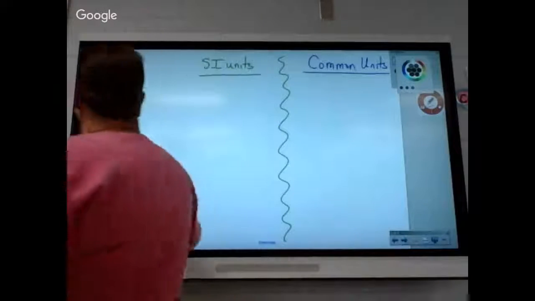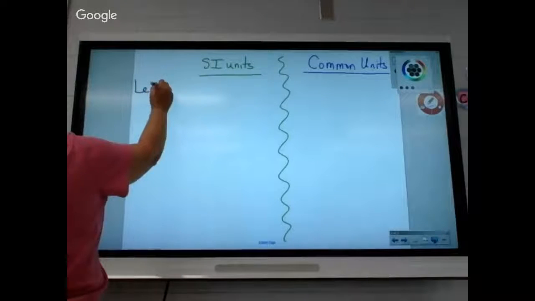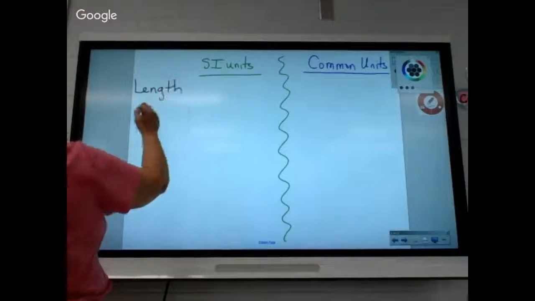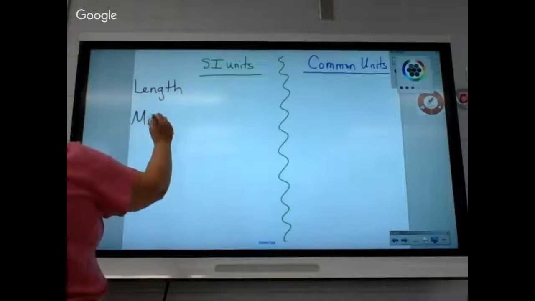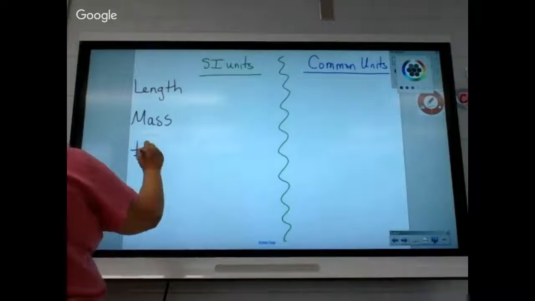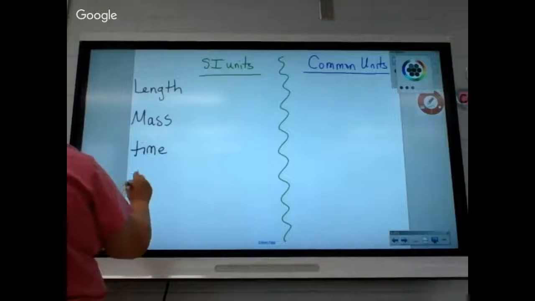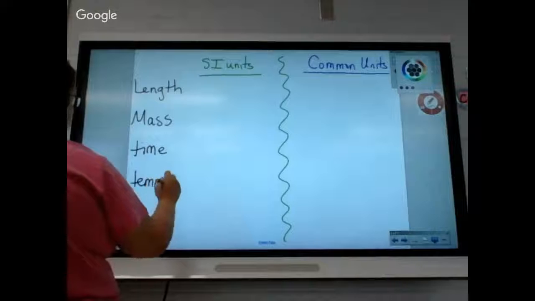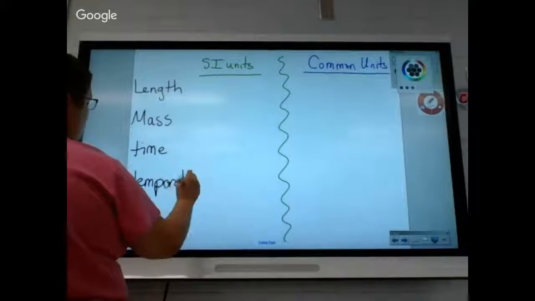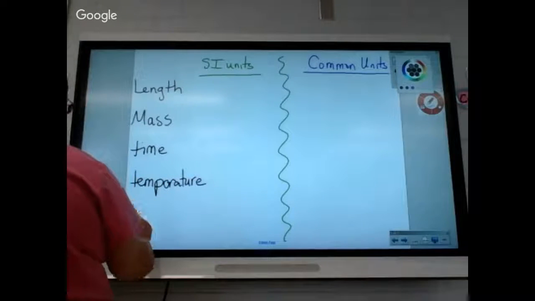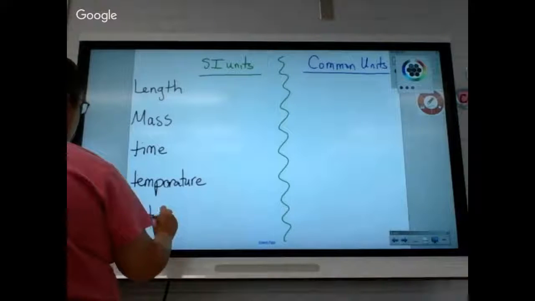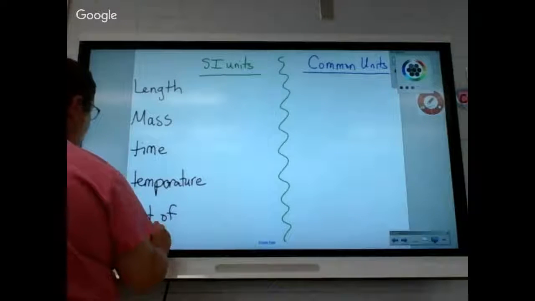We're going to talk about length. We're going to talk about mass. We're going to talk about time. We're going to talk about temperature. And we're going to finish with the amount of substance.